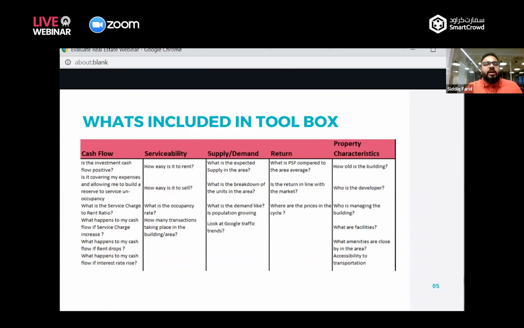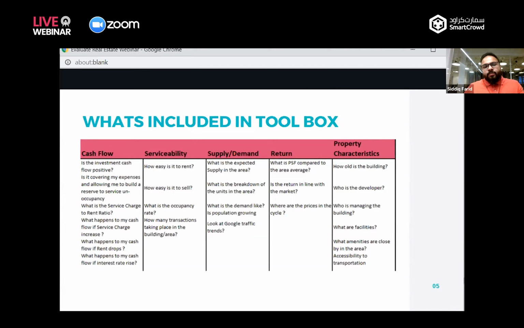What are the key five or six variables? We'll talk a lot about that when we go to the Excel model and play out an example. It's very important because you want to see how much margin of safety you have within your investment. If you're on a fine line, it makes it very challenging to sustain that investment over a period of time, and you can get yourself in a lot of trouble on the first hiccup of that property.